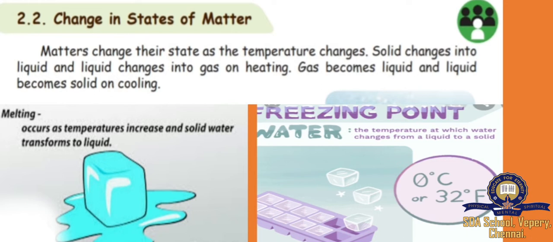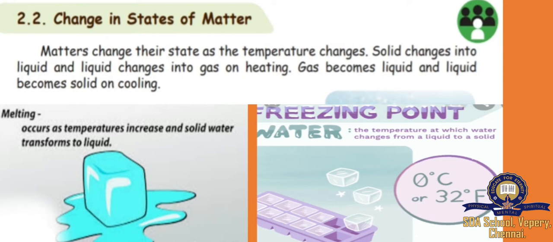First one is melting. Here we saw the change of solid into liquid on heating. The next one is freezing. In freezing we saw change of liquid into solid on cooling.